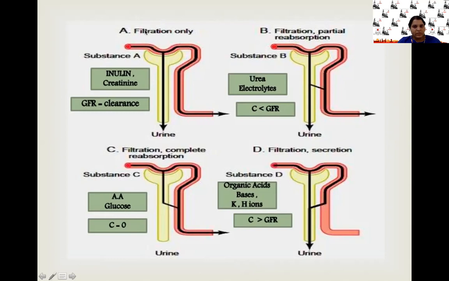So whatever is filtered will be equal to the excreted rate. That is, your GFR will be equal to the clearance. These two substances which are filtered but not reabsorbed nor secreted by the kidney are inulin and creatinine. Inulin is the gold standard. So if you have to measure the GFR, you have to use the inulin clearance, which is the gold standard for measuring the GFR.